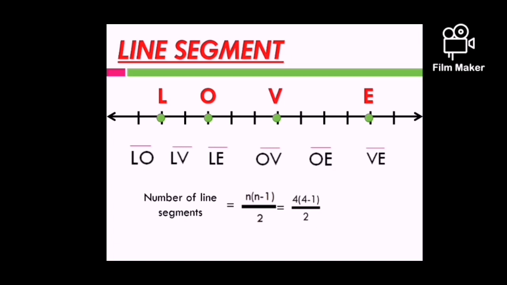Let us simplify the operation inside the parentheses. 4 minus 1 is equal to 3. 4 times 3 is equal to 12, divided by 2 is equal to 6. So we have 6 line segments. It is true that we enumerated 6 segments a while ago.